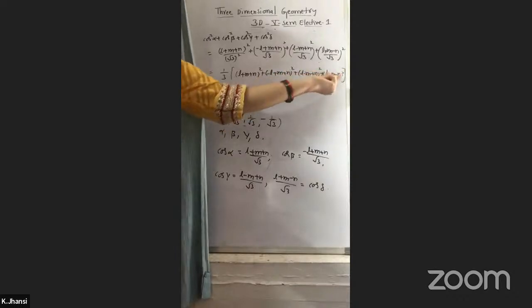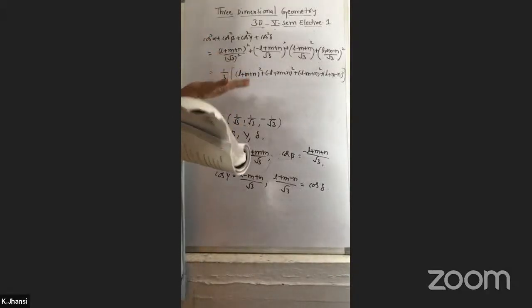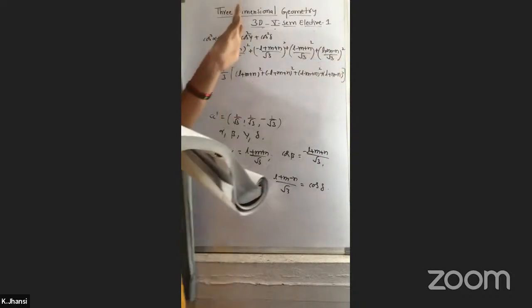Here one l square plus m square plus n square, here one, here one, here one. That means 1, 2, 3, 4 times. So 4 times l square plus m square plus n square will remain after simplifying this using the formula.